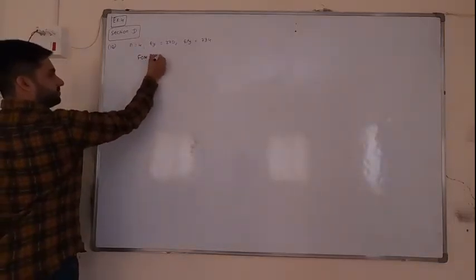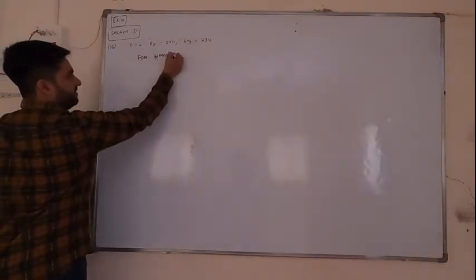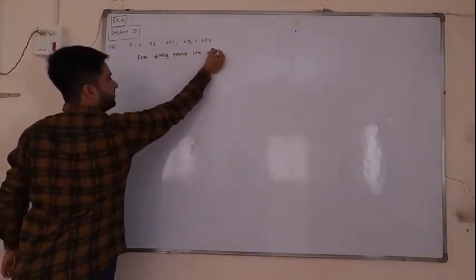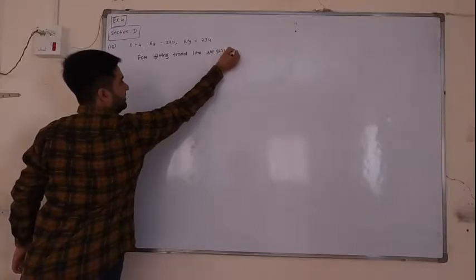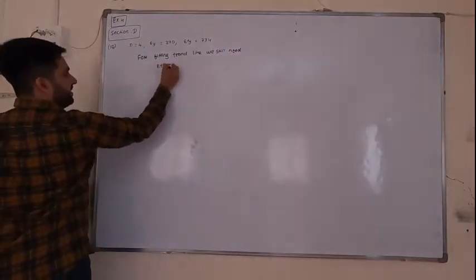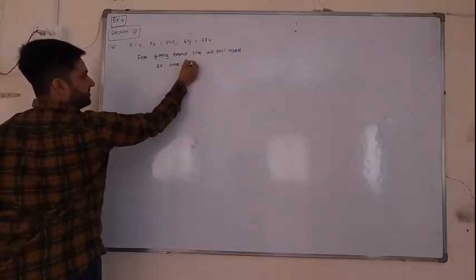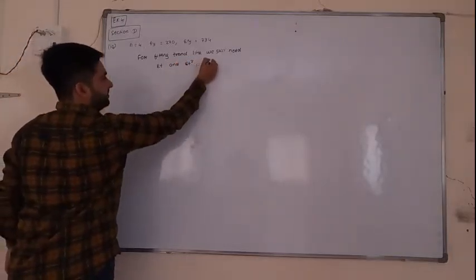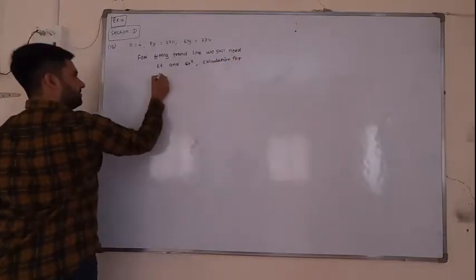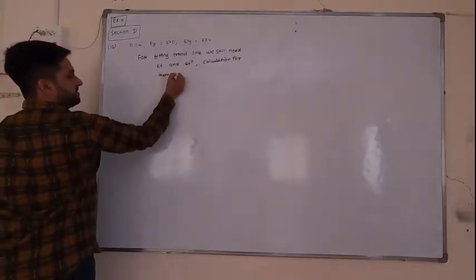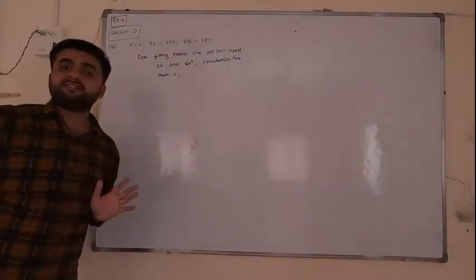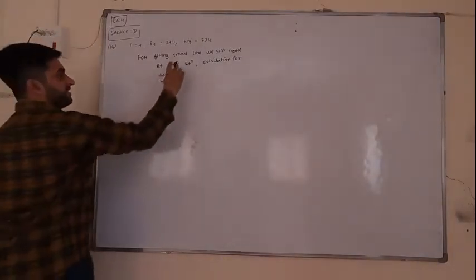For fitting the trend line, we still need sigma t and sigma t square. According to this information, sigma t and t square are not given, so we need that, and that calculation is as follows.